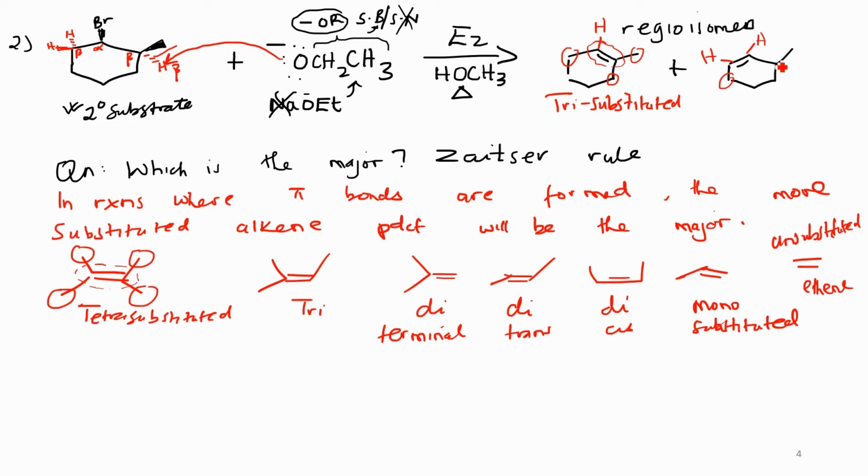I see 2 carbons bonded directly to it, so this is di-substituted. So definitely this will be the major Zaitsev product based on Zaitsev rule, which happens to be in reactions where pi bonds are formed, the more substituted alkene product will be the major. Someone has a question on that?